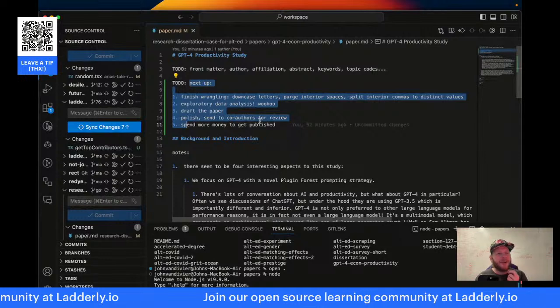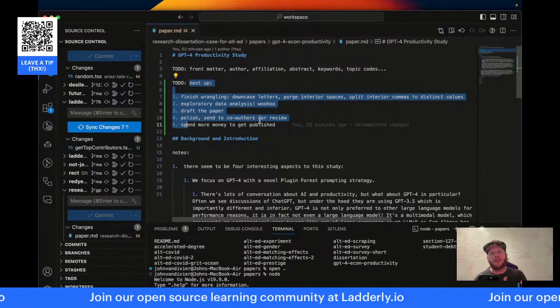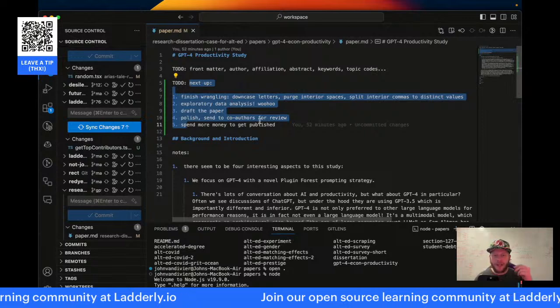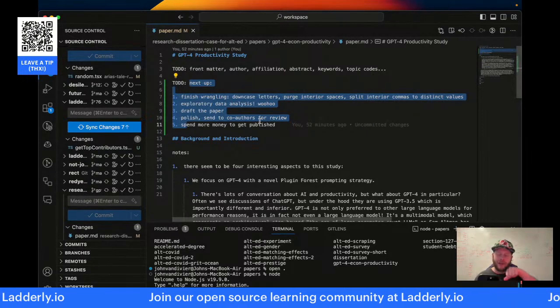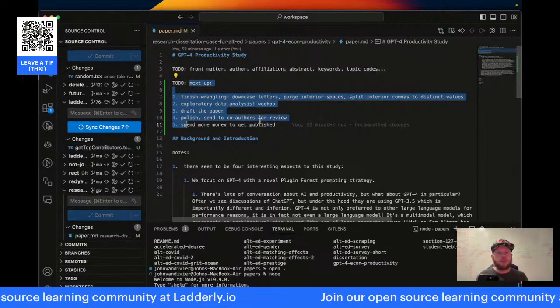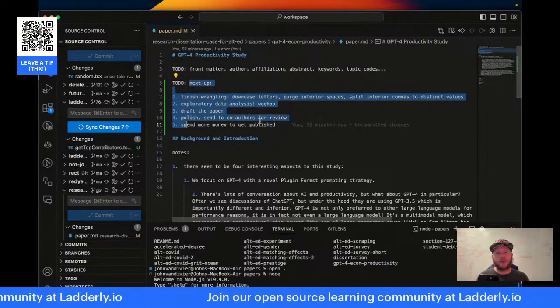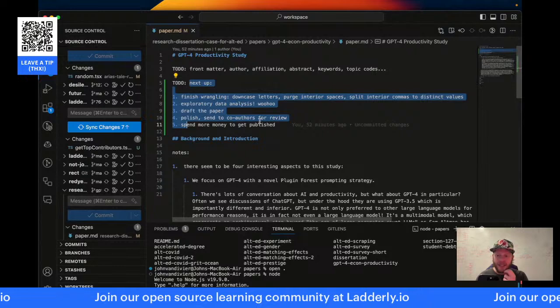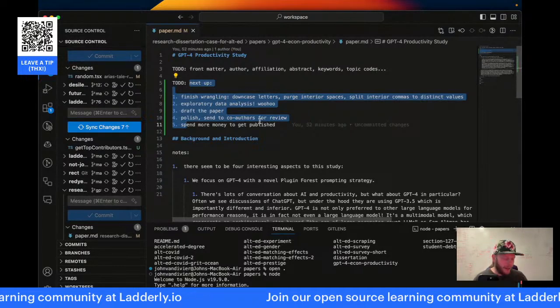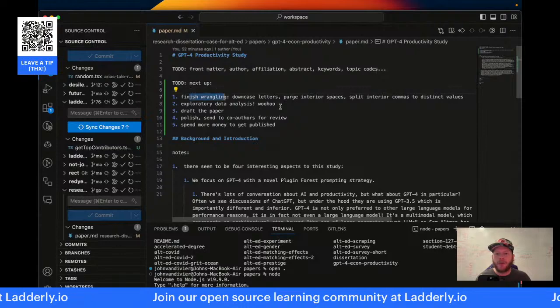Hemingway would famously end his writing for the day mid-sentence so that he knew exactly where to pick up the next morning. This is a great general productivity tip: don't tie all the loose ends. Leave a loose end in your work, and that will help you pick back up, as it did with us. So we want to finish wrangling.